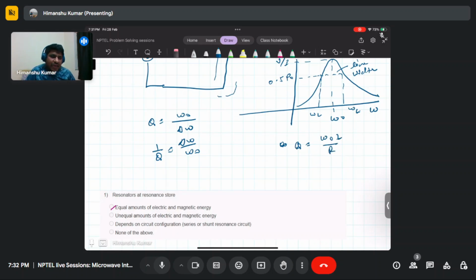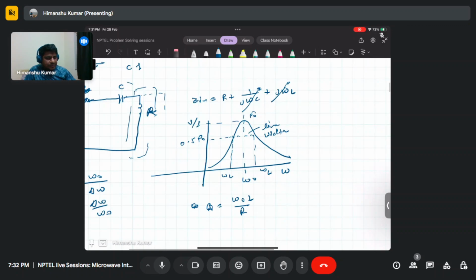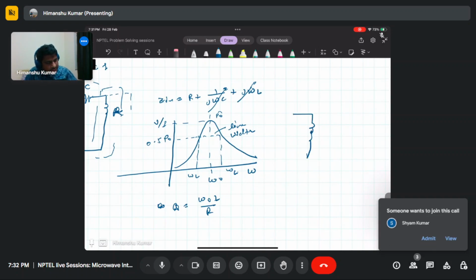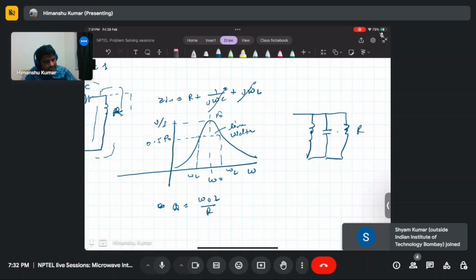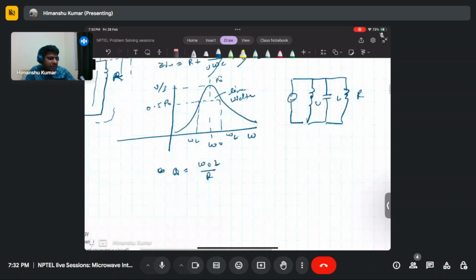Similarly, for parallel shunt resistance, you can connect these elements in parallel. So this is resistance R, L, C, and this is the source, and here you define the admittance.